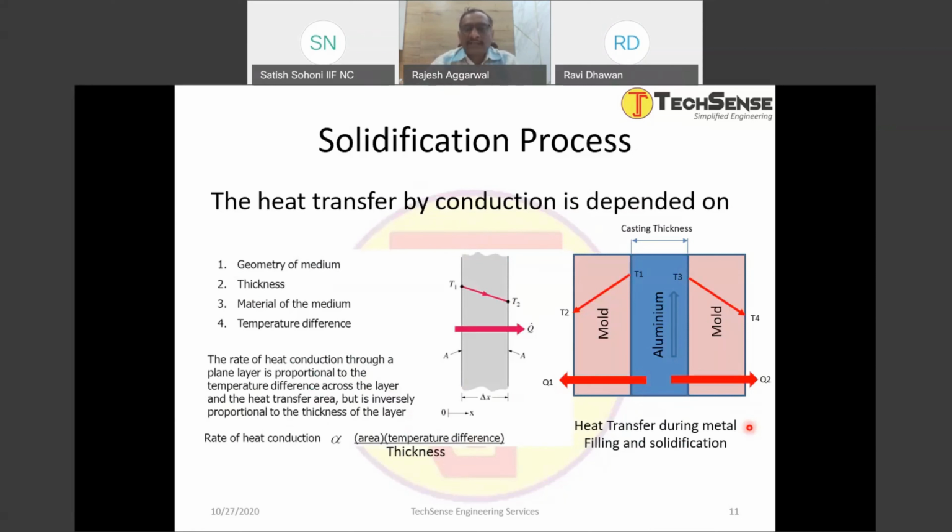So as you can see here, the rate of heat conduction is directly proportional to the area and temperature difference, and inversely proportional to the thickness. So we can try to understand that if the thickness is less, the rate of heat conduction will be more, sorry, will be less.